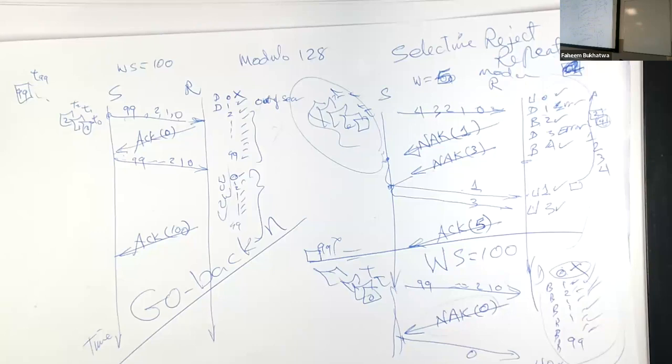Acknowledgement 0, what does it mean? Everything before 0 is received. Anything else? And that what I'm expecting is to receive frame number 0. What else could it mean? Maybe you sent me frame number 0 and there's an error in frame 0.